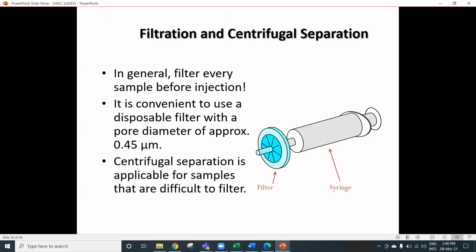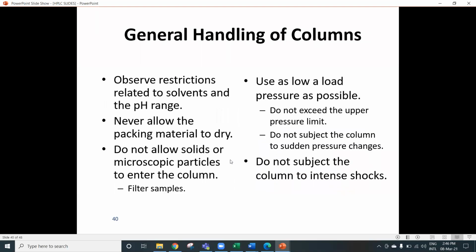You filter every sample before injection. So this is the syringe and this is a membrane filter. What passes through the filter head will trap the unwanted material and you elute whatever you need.